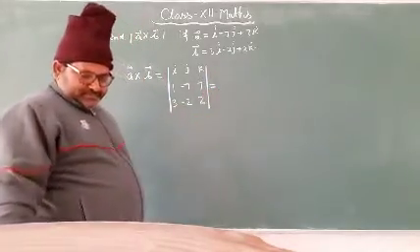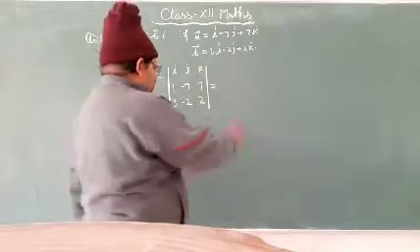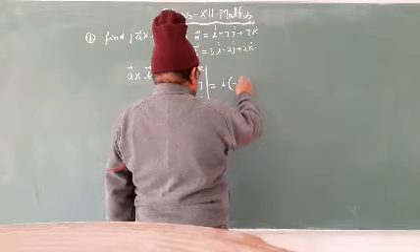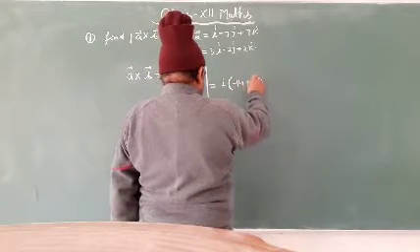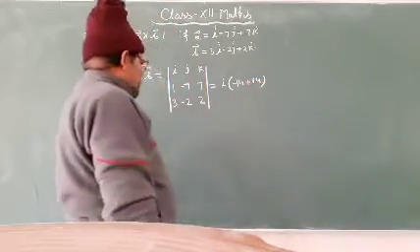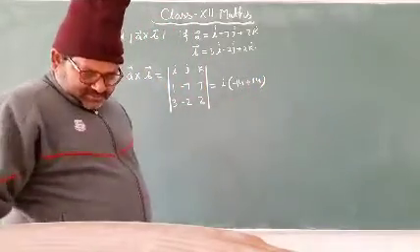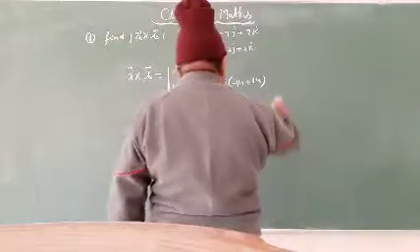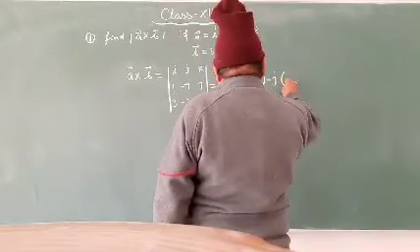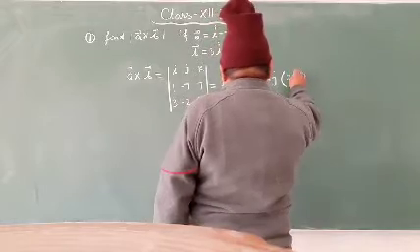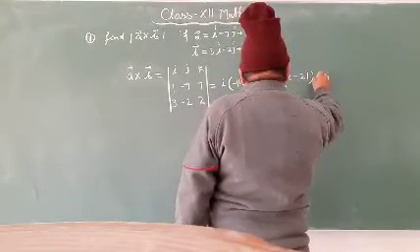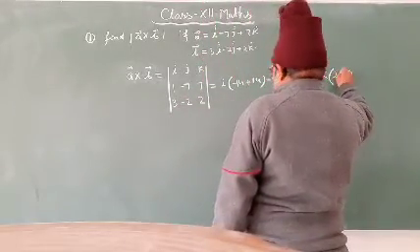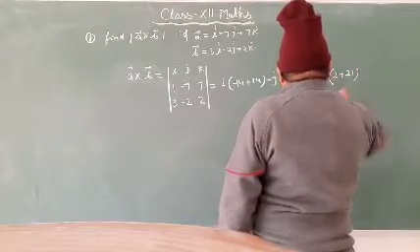That's equal to i into (minus 14 plus 14), minus j into (2 minus 21), plus k into (minus 2 plus 21).